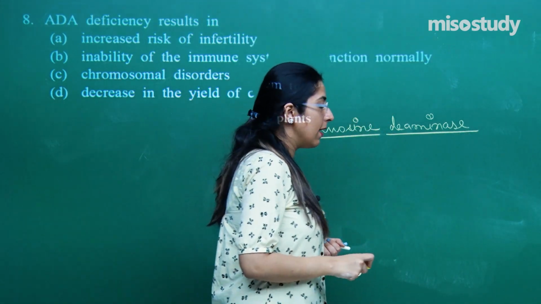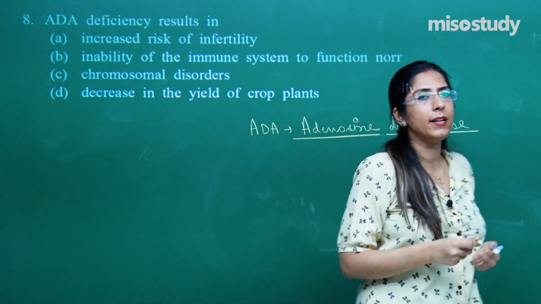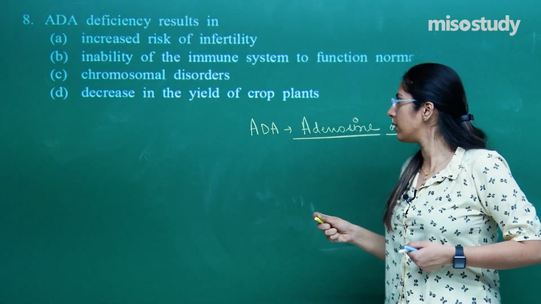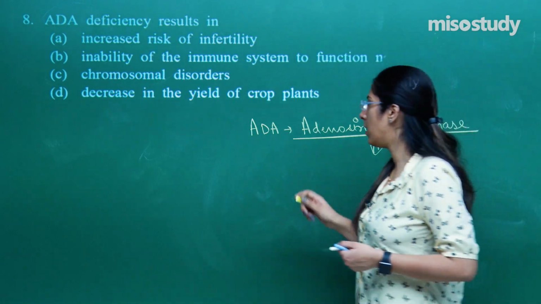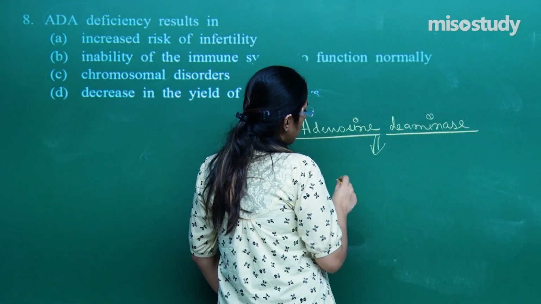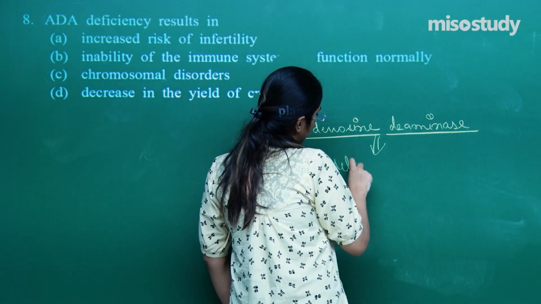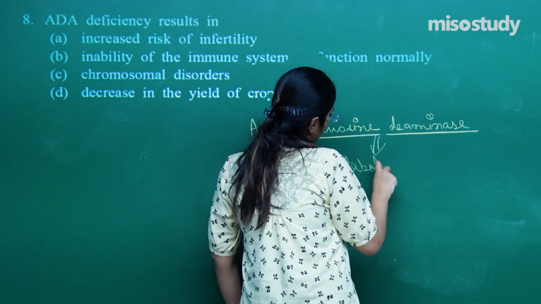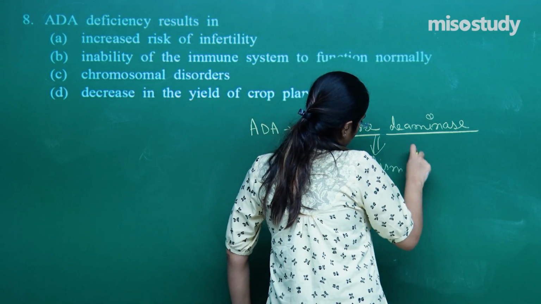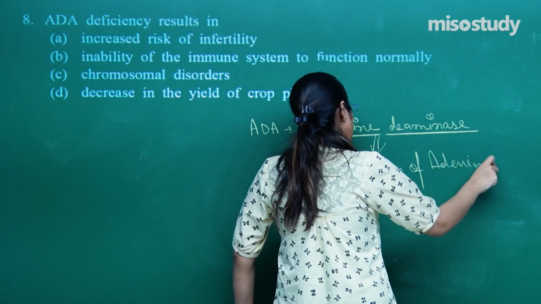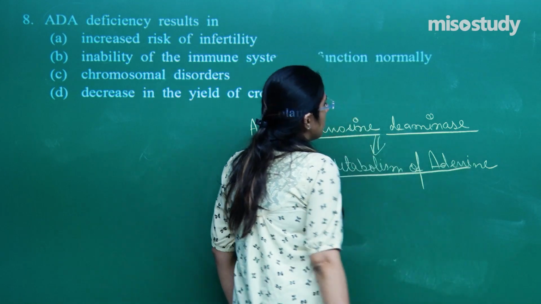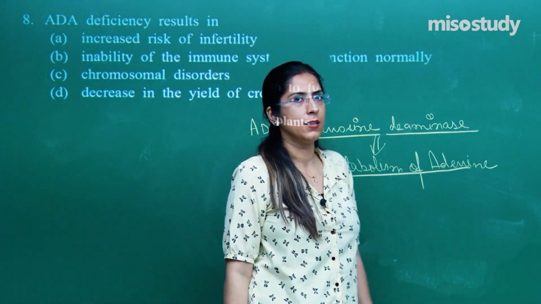Whatever food we consume, if adenine is present in it, that is metabolized by adenosine deaminase. This is one of its functions. So, metabolism of adenine. Adenine is what? It is a nucleotide. So, it helps in the metabolism of adenine.